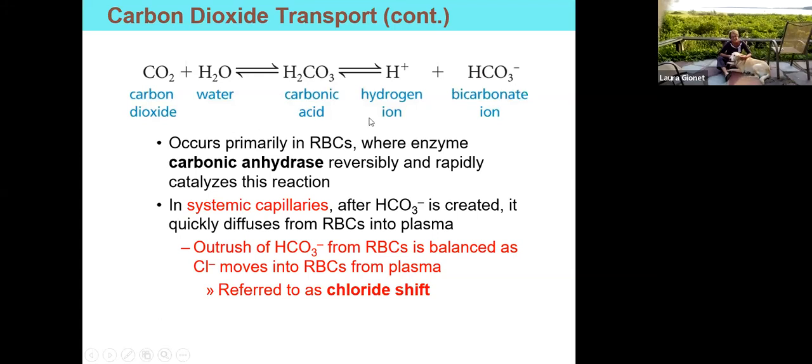So this is the equation I've been referring to. Carbon dioxide plus water produces carbonic acid, which then liberates hydrogen ions, which affects pH, and a bicarbonate ion. The normal carbon dioxide levels are 35 to 45 millimeters of mercury. Water is abundant in the body.